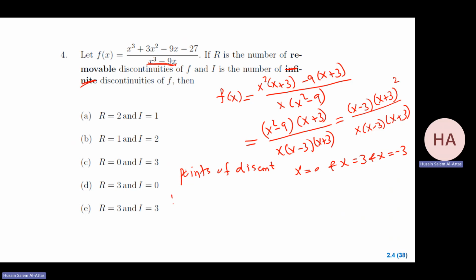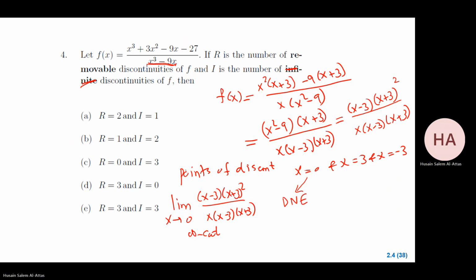If I take the limit as x goes to 0, I have non-zero over 0, so I have the infinity category. It's either infinity or minus infinity, depending on the right or the left. So here the limit does not exist, depending on the sign.